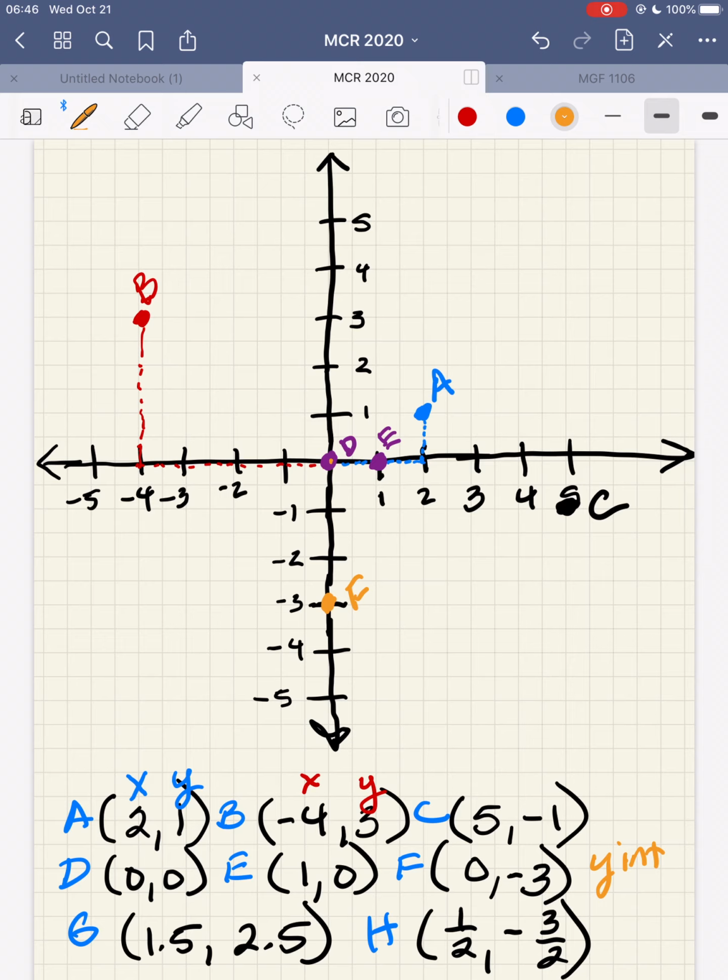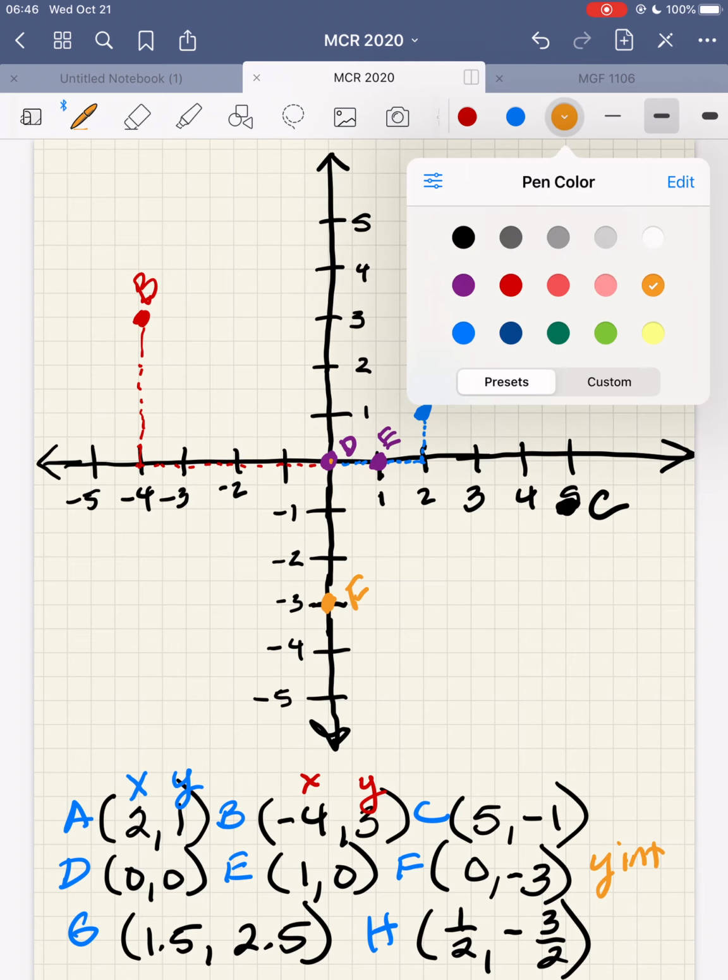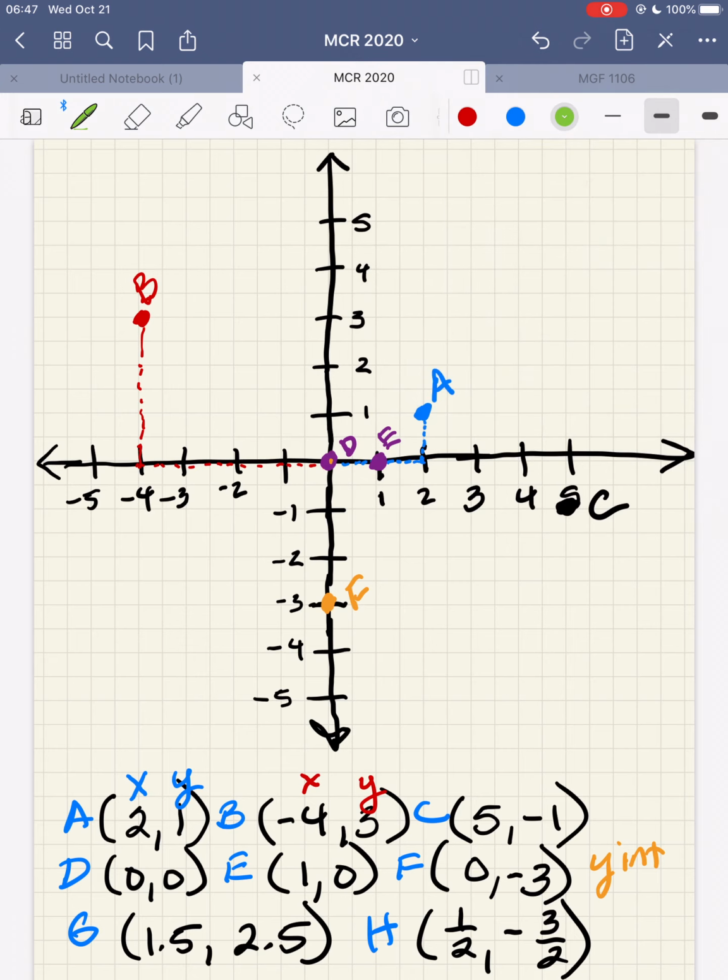The reason why I did my scaling the way it is, is that I knew that I would have to graph some sort of halves. So when I graph G, my x is 1.5, which means I travel to 1, and I purposely have an extra mark in between 1 and 2.